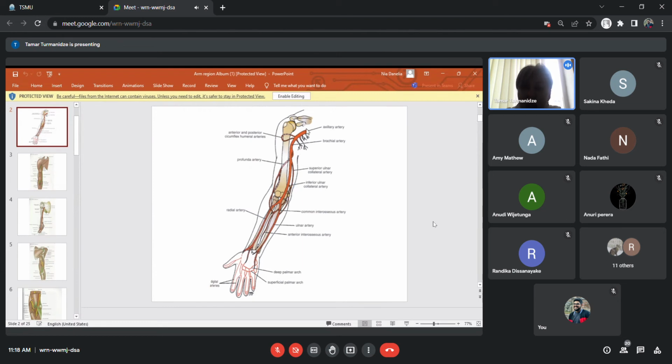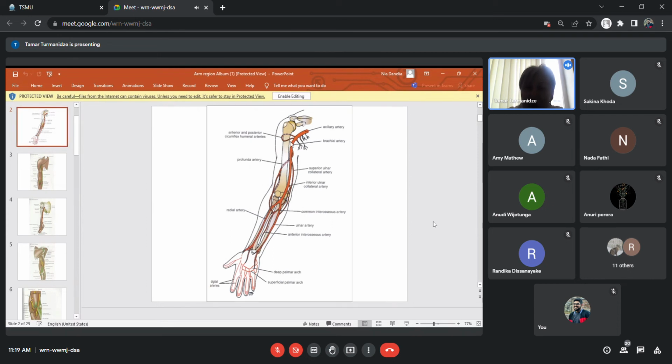So the brachial artery in the arm region gives off the collateral branches, and the radial and ulnar arteries give off recurrent branches. Branches of the brachial artery.